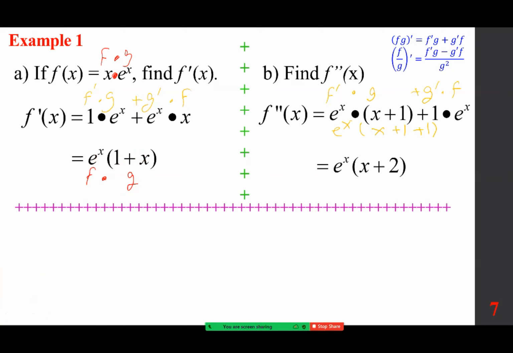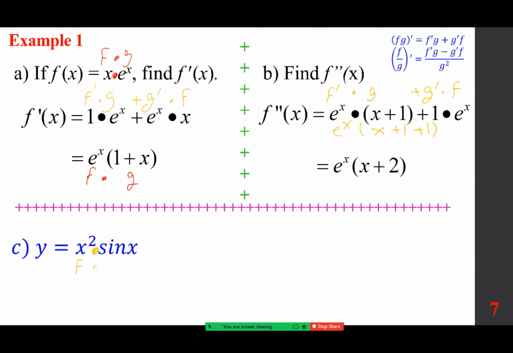Using the product rule. In this case, y equals x squared sine x. I put a raised dot between x squared and sine x.